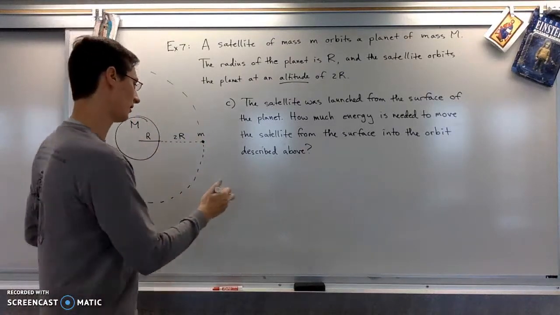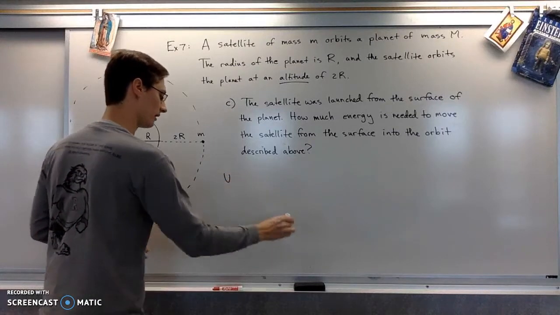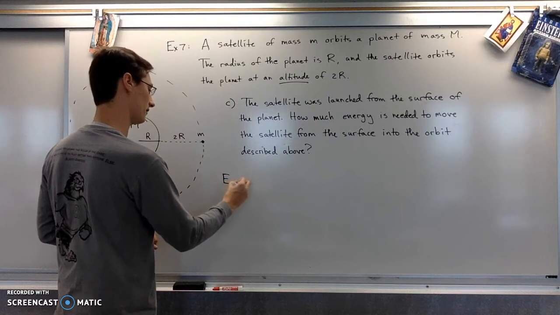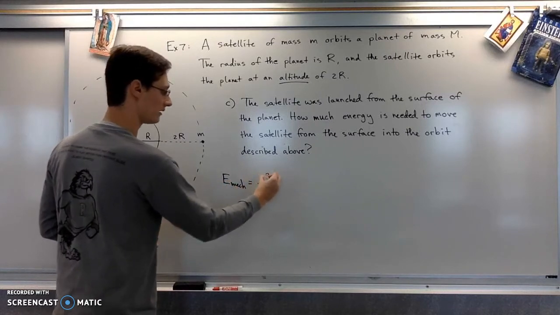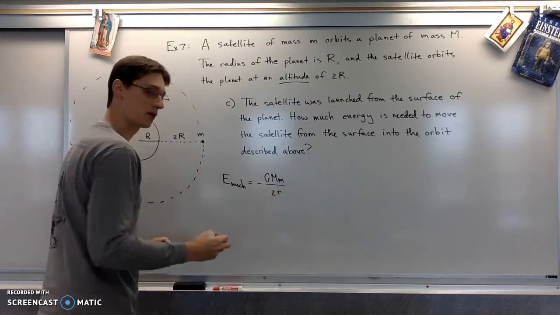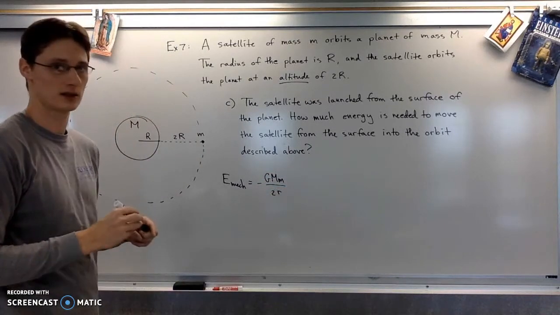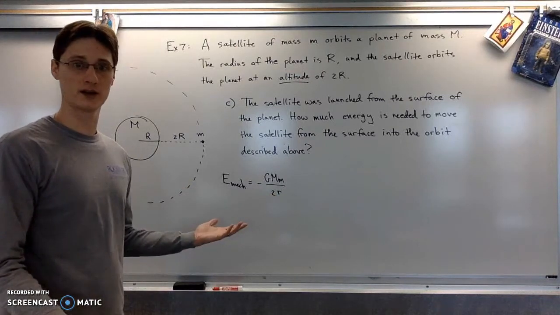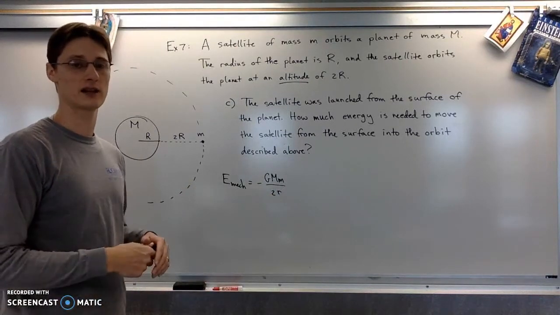The formula we came up with moments ago, the total mechanical energy, was negative GMm over 2r for any particular circular orbit. Just plug in a new value for r, and you've got the new mechanical energy.